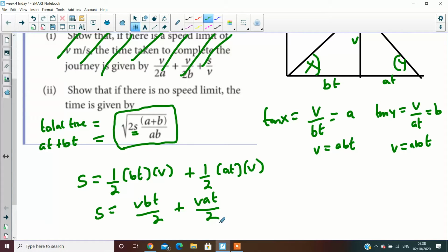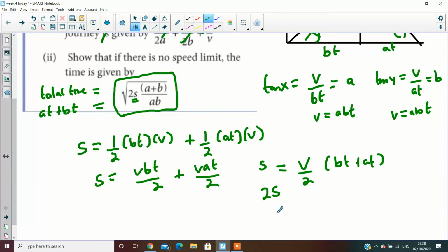Now here's what I did yesterday, right? I decided to just factorize out the V, all right? And what did I get left with there? BT plus AT equals S. I cross multiplied the 2 to get 2S, cross multiplied the V down, and look, I got my BT plus my AT.